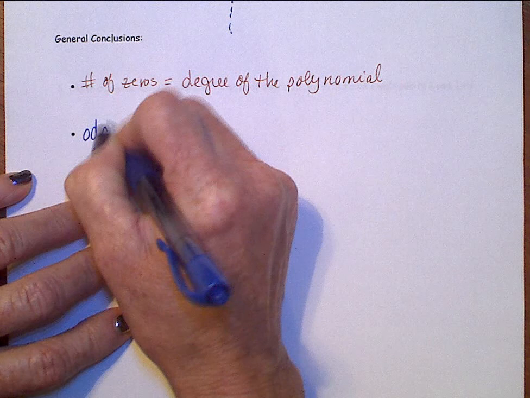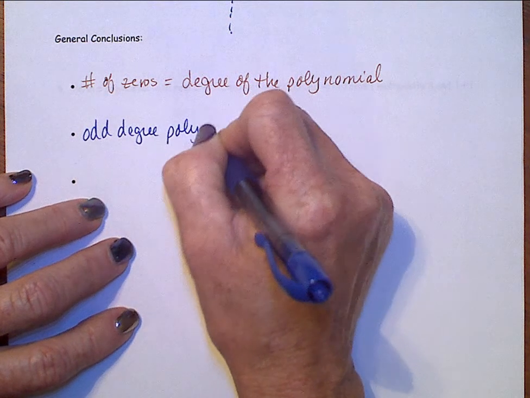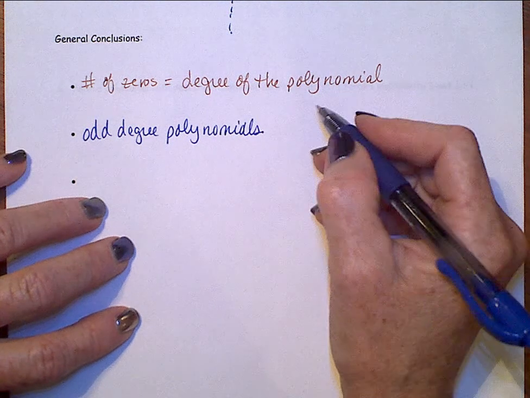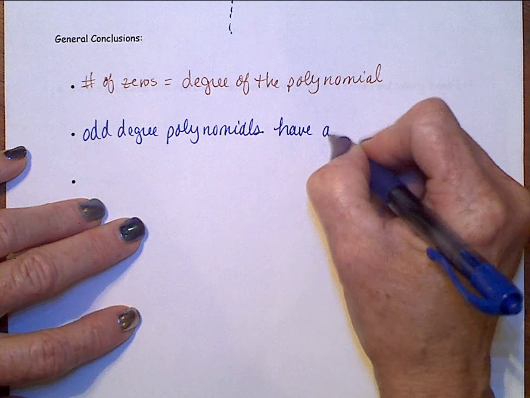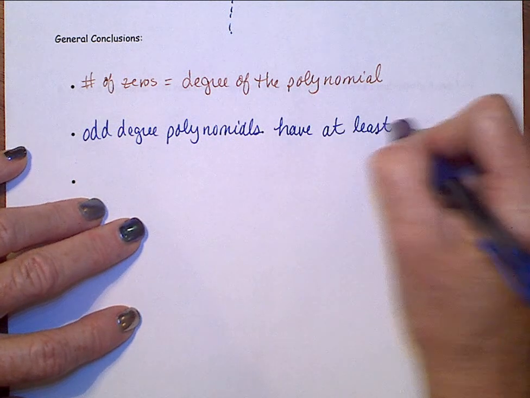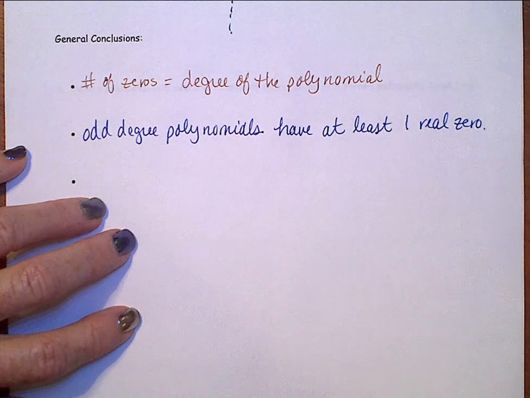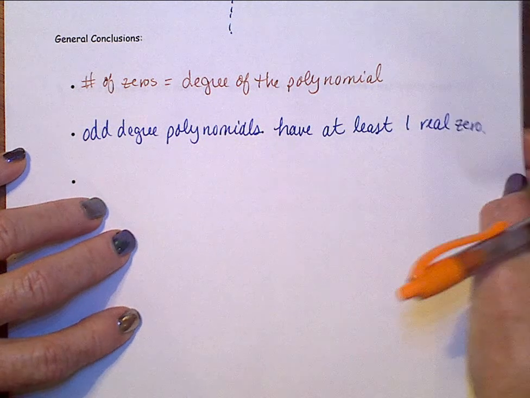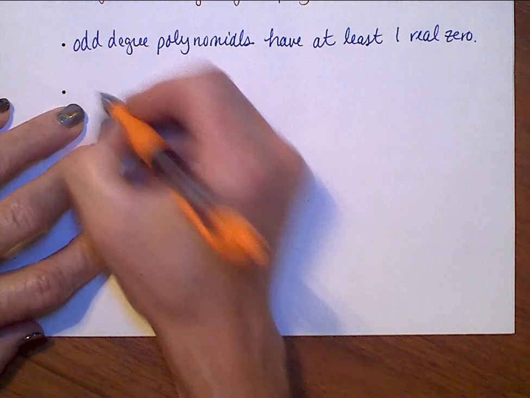Odd degree polynomials have at least one real zero. An odd degree polynomial must cross the x-axis at least once. Maybe more, but at least once. Okay, another one.